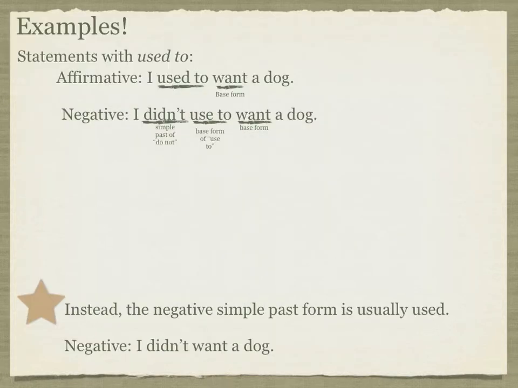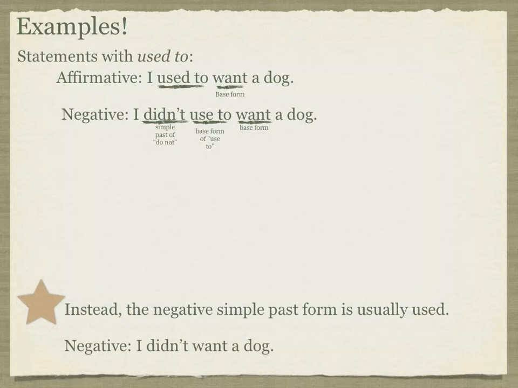So now we're going to do a bunch of examples. So these are statements with used to. An affirmative is, I used to want a dog. A negative is, I didn't used to want a dog. For this, didn't is the simple past of do not. For used to, you have the base form, use to. In the affirmative, it's used to, and in the negative it's use to.